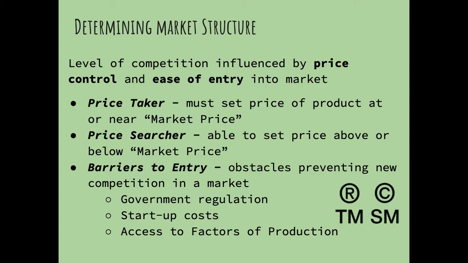Other things that we'll be looking at as far as different types of market structures is the ability of those businesses within their market to control the price. So we've got price takers and price searchers. Price takers have to accept a price because of the competition they have or the different products that they have. That price taker is generally setting their price right at market price or equilibrium price, and there's not a lot of control outside of that.